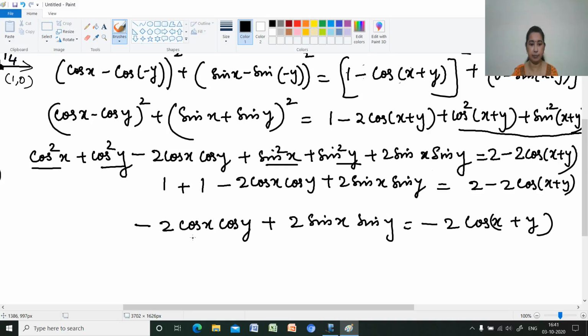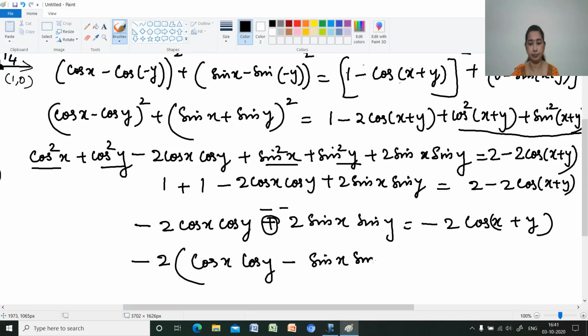This can be written as, taking minus out as a common sign, cos x cos y minus sin x sin y equals minus 2 cos of x plus y.